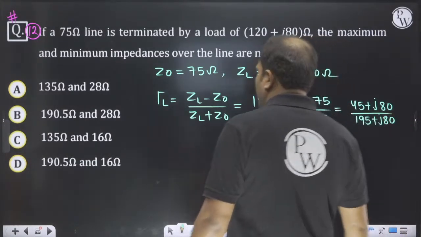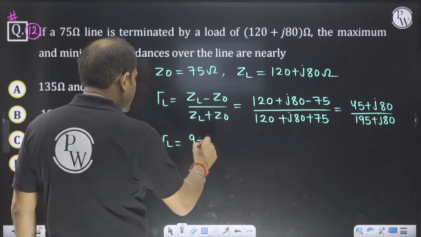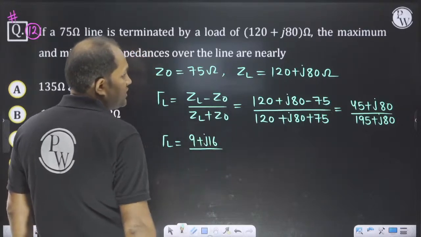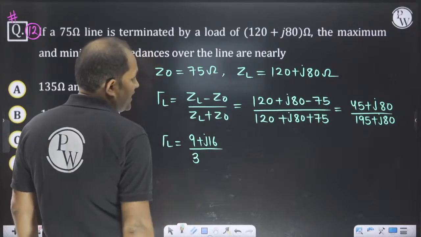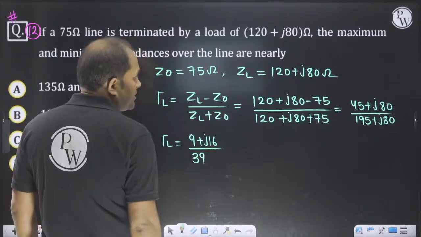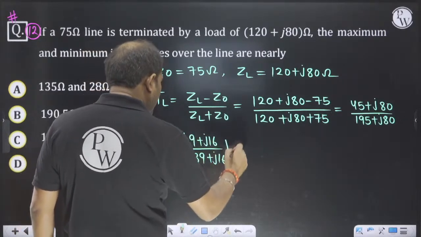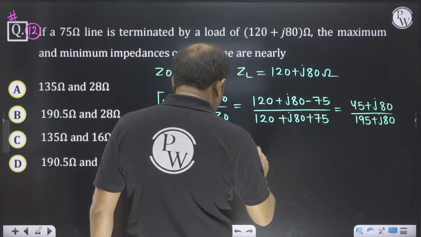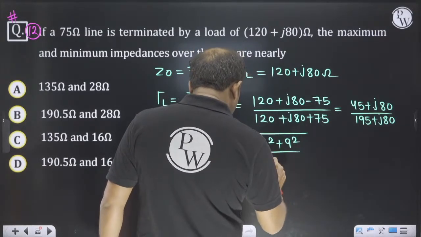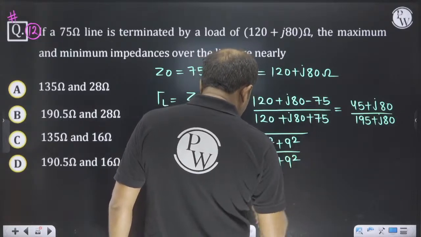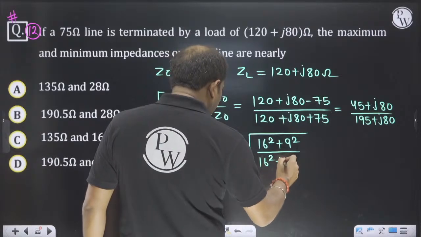So gamma L will be (9 plus j16) divided by (39 plus j16), after dividing by 5. So the magnitude of gamma L will be the square root of (16 squared plus 9 squared) divided by (16 squared plus 39 squared).